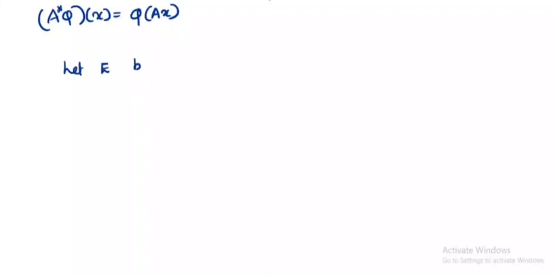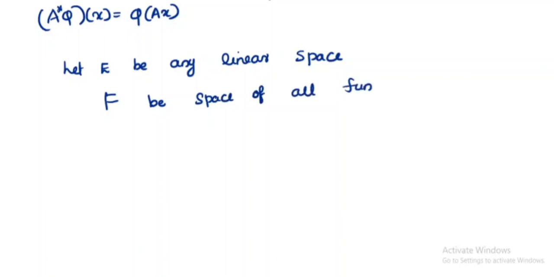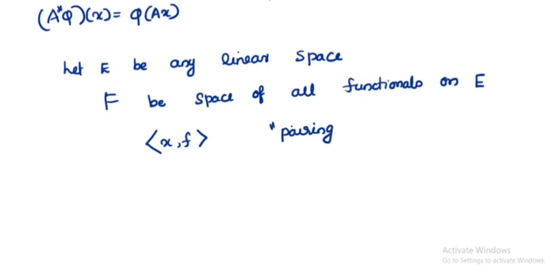Let E be any linear space and let F be the space of all functionals on E. When we write this pair <x, f>, it is called a pairing between E and F. E is any linear space, F is the space of all functionals on E, then this <x, f> is called the pairing between E and F. Clear? These are just notations.